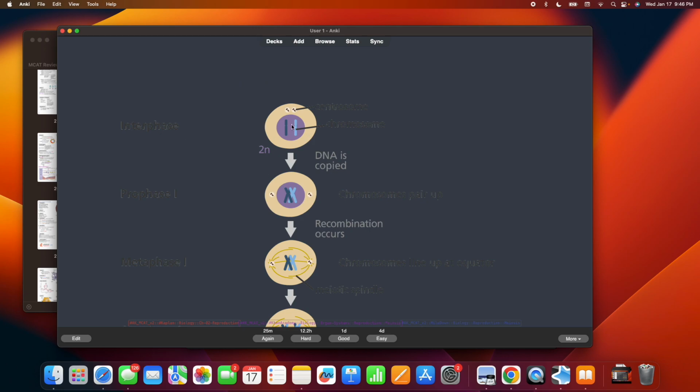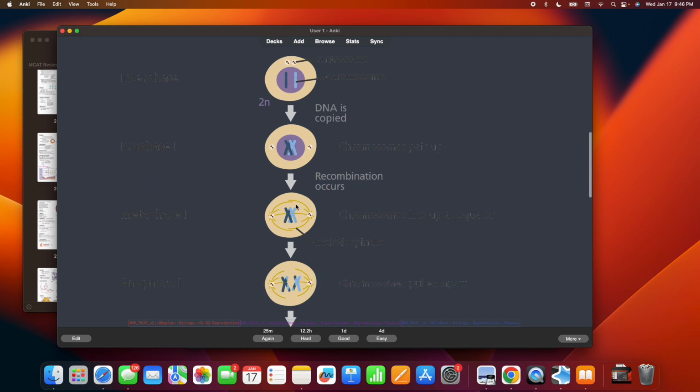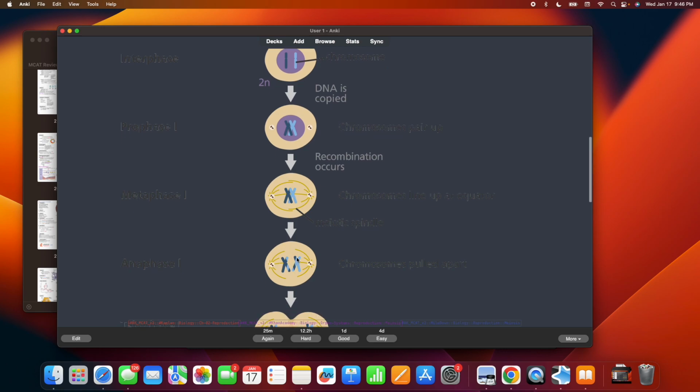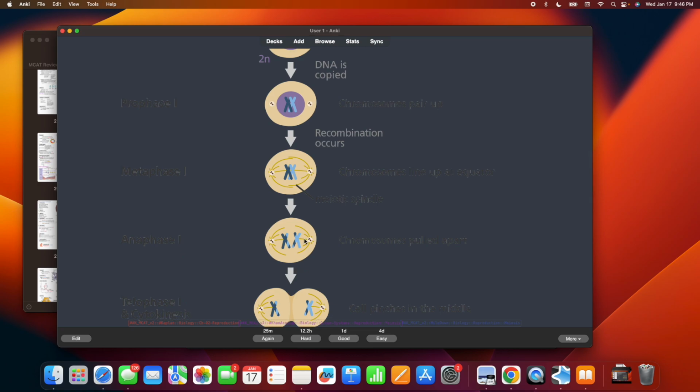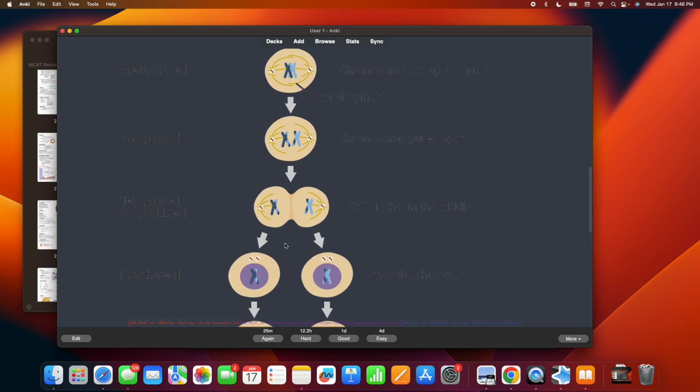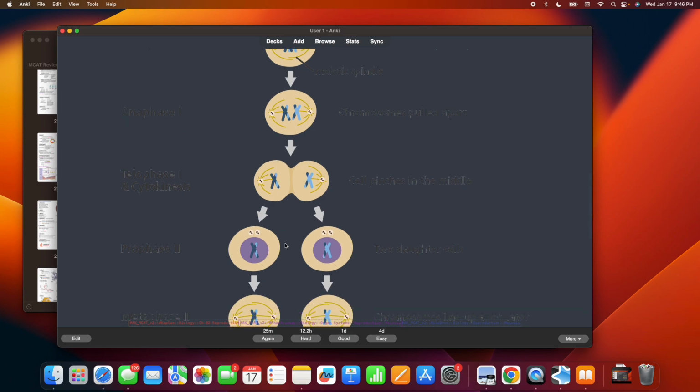That was interphase, and now it's prophase, where recombination happens. It gets crisscrossed, with some sections of the light blue becoming dark blue, and some other sections again.